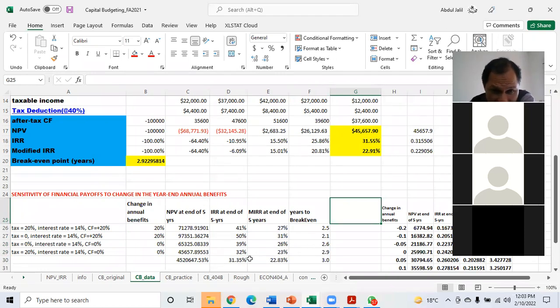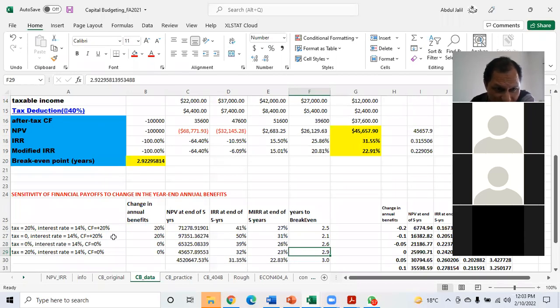So what is happening? You will observe the situation: taxes are increased, cash flows decrease, and without taxes, cash flows are higher. Then your discount rate 30, the internal rate of return 32%, and the modified internal rate of return 23%, and 2.9 is the time period to reach the break-even.